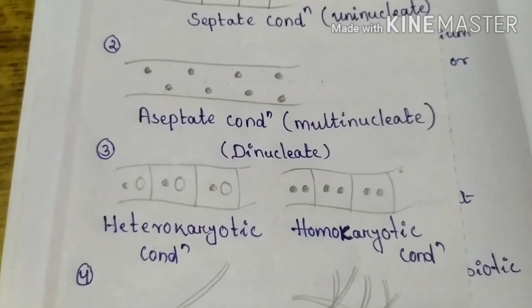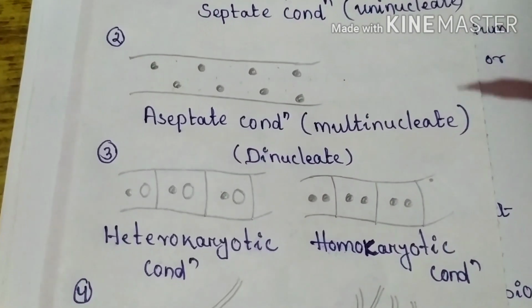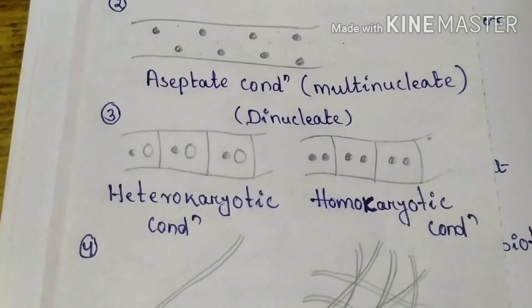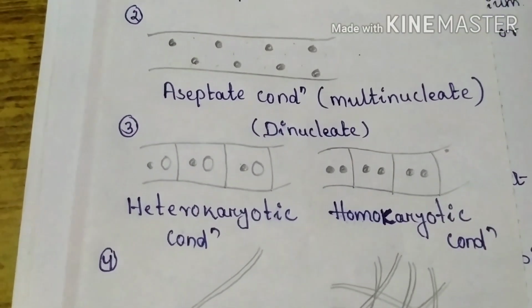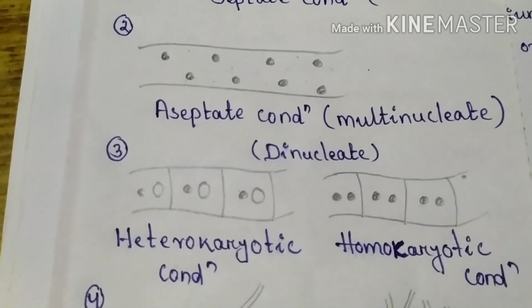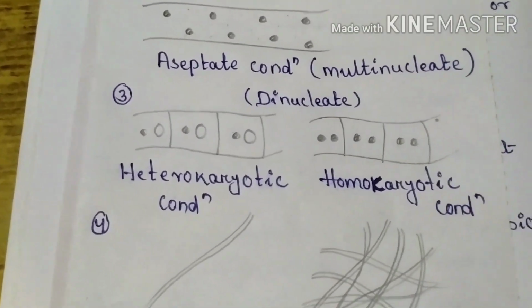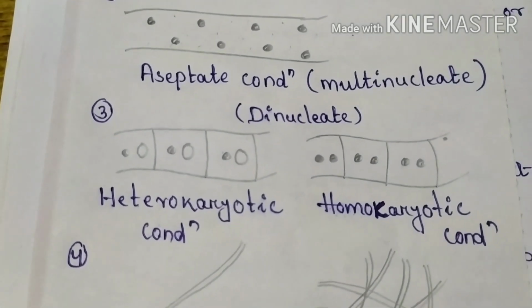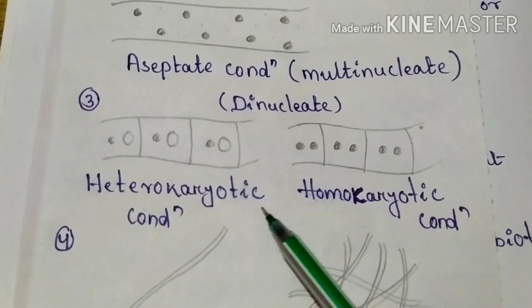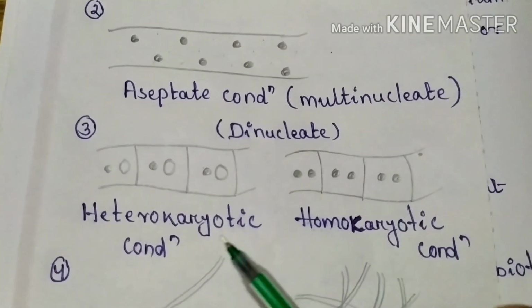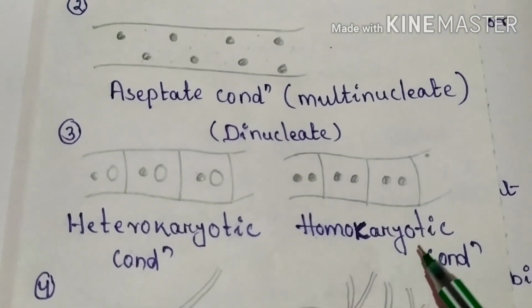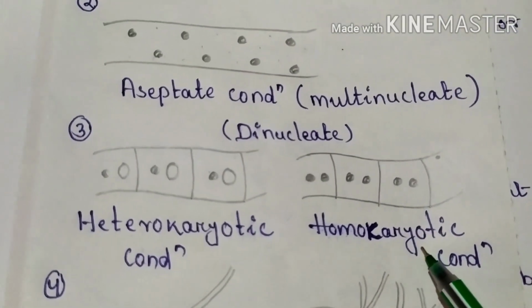So when we discuss the dinucleate or dikaryotic condition, we have to remember that there are two different types of condition, that is homokaryotic condition and heterokaryotic condition. So what do you mean by heterokaryotic condition and homokaryotic condition?